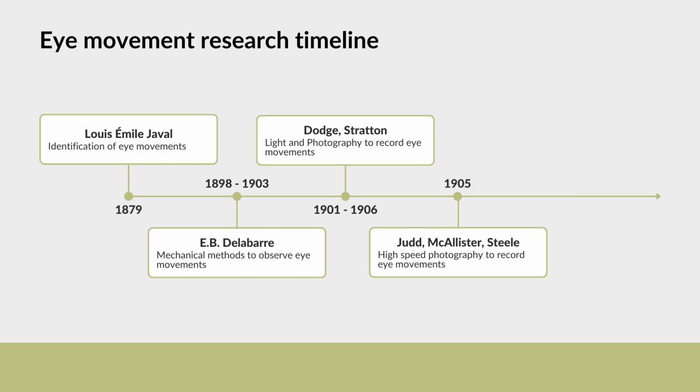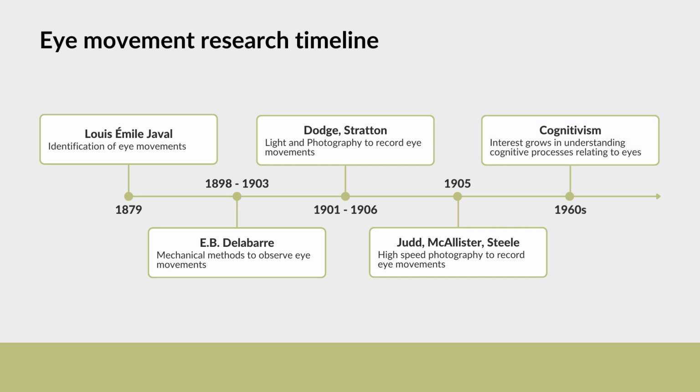The approaches developed by Dodge, Stratton, Judd, McAllister, and Steele have been modified somewhat, but are still the basis of the approaches used in the present day to monitor eye movements. We still use photographic approaches, and therefore their work is the foundation of the approaches to measuring eye movements in the present day.